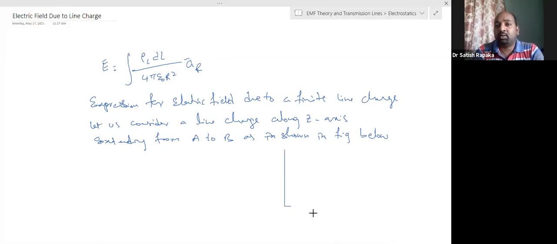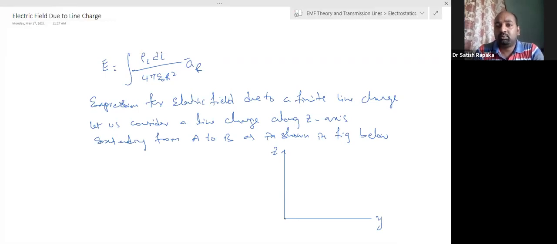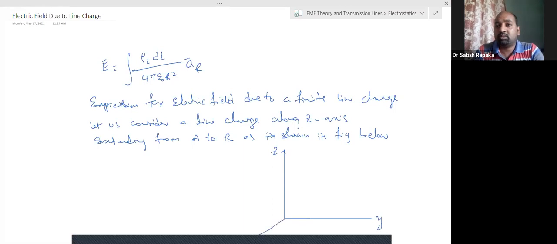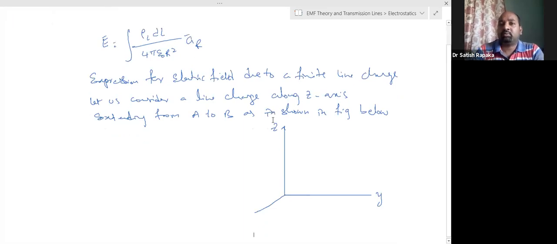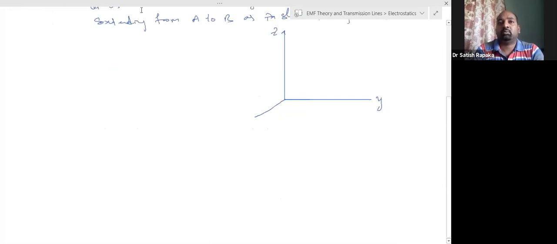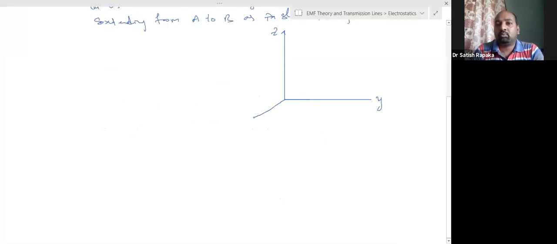Let me take the coordinates. Let us say this is the z-axis, this is the y-axis, and this is the x-axis.